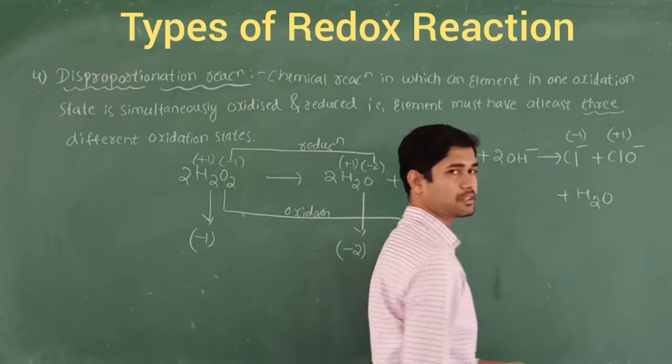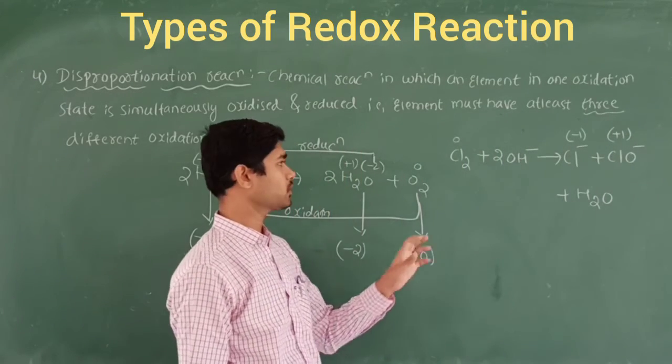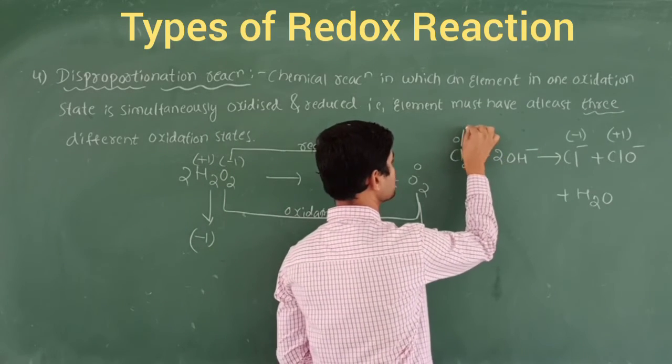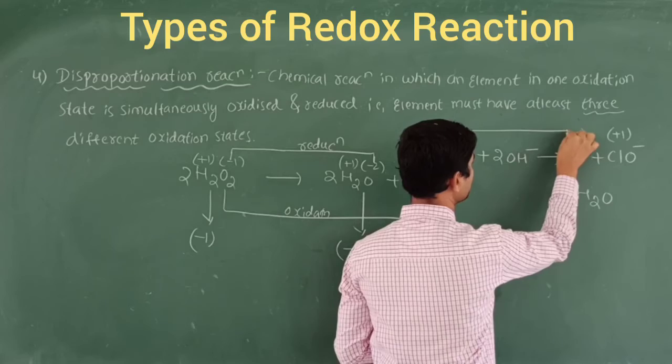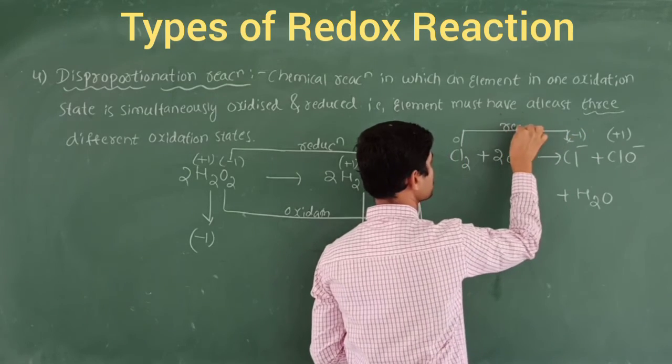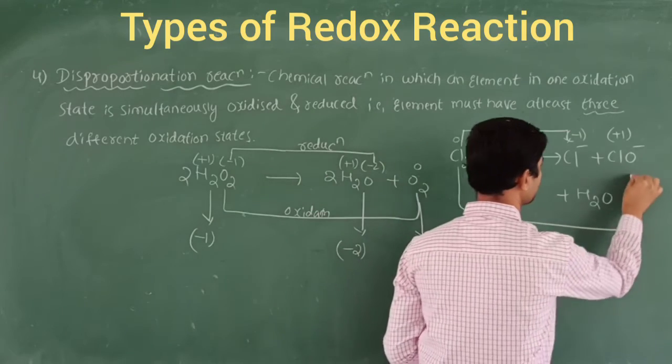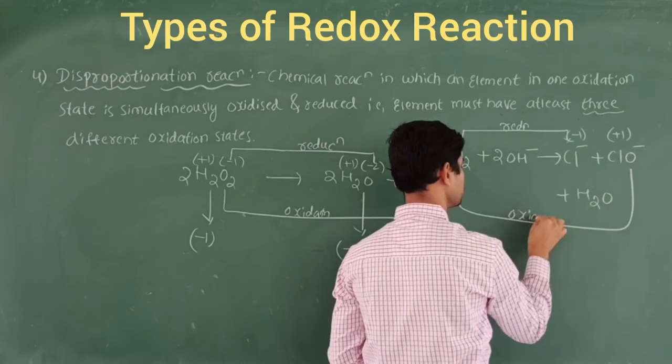We are mentioning only the oxidation number of the chlorine. So here 0 to -1 state we are going to call reduction. Whereas 0 to +1, that is called oxidation.